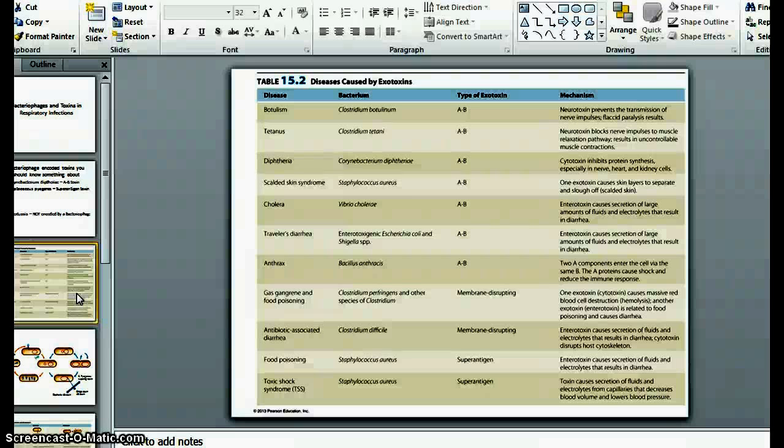So one is a delivery module, and one is like the ninja star of cellular death. That's what you need to know from AB toxin. And superantigen activates T cells, not specifically.